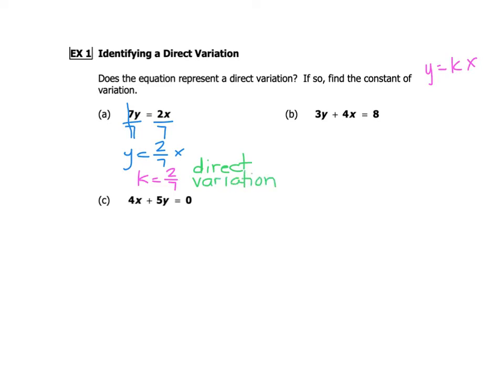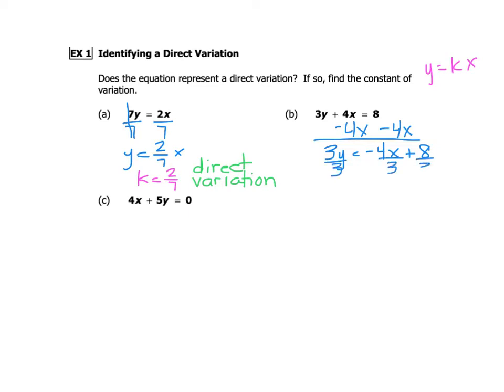In example B, I'm going to try to put this equation in the form y equals kx, so I need the y by itself. First, I move my 4x by subtracting it from the other side. So I've got 3y equals negative 4x plus 8. Again, I need y by itself, so divide everything by 3.